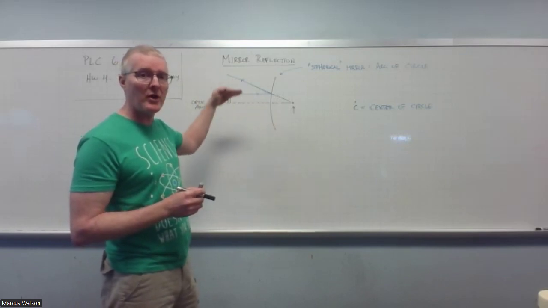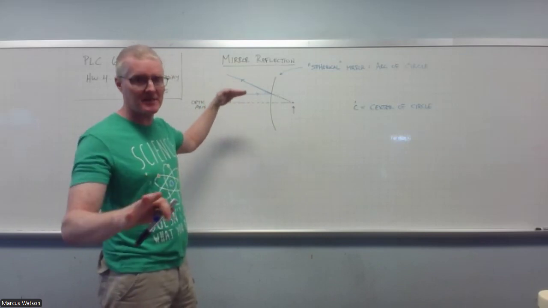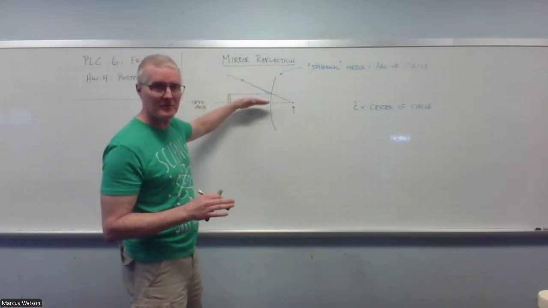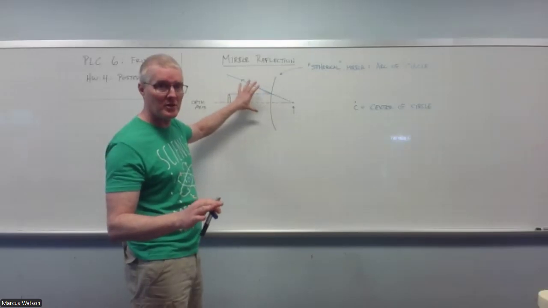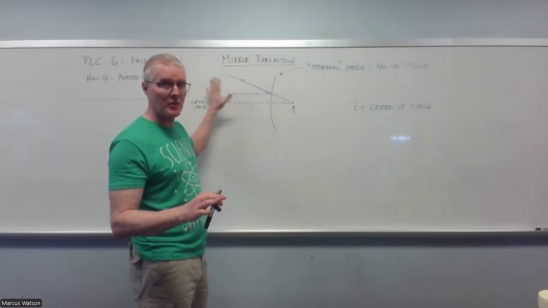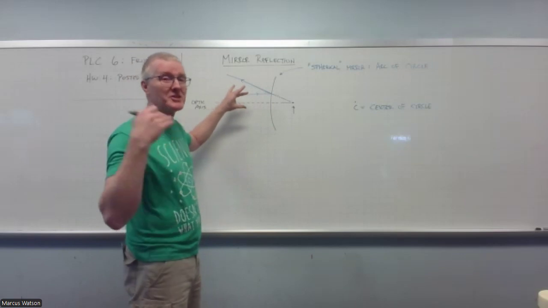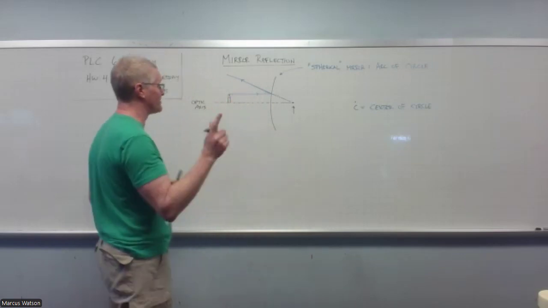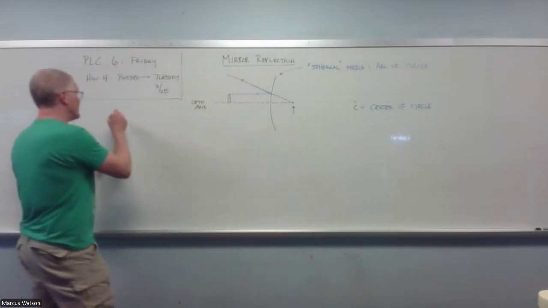Okay, no matter where on the mirror I am, and as long as I'm kind of right, we're still talking small, close to the axis rays here. Even though I might not draw it that way sometimes, we're always assuming that. In fact, that's so important I need to write that over here.